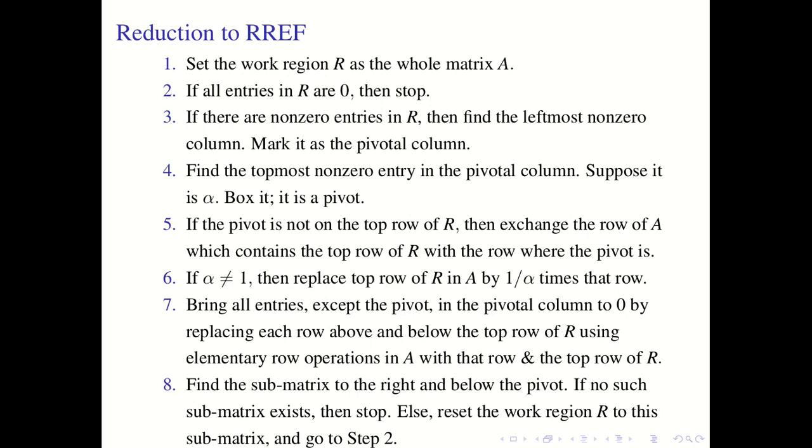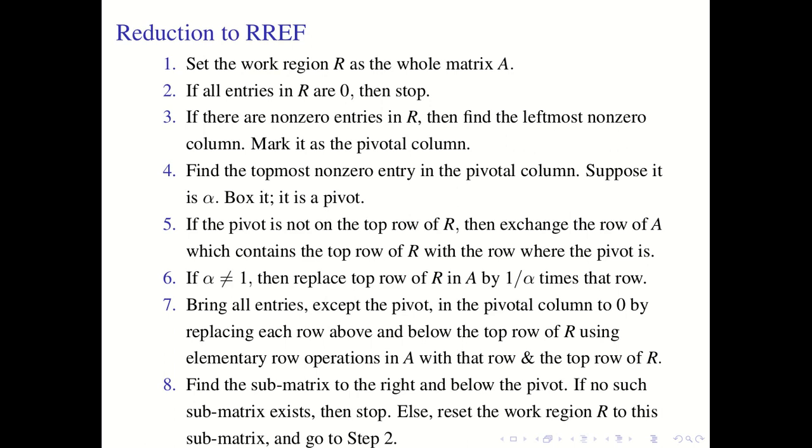If all entries in R are 0, then nothing to do. All those 4 properties are satisfied, and hence it's in row reduced echelon form. If there are non-zero entries in R, then find the leftmost non-zero column. Mark this as a pivotal column.